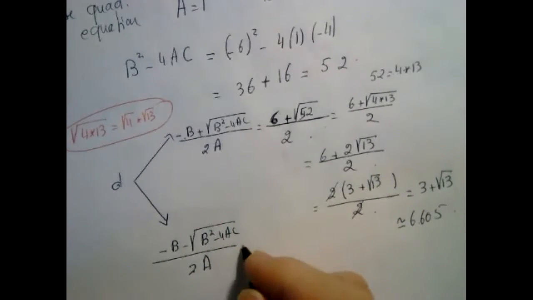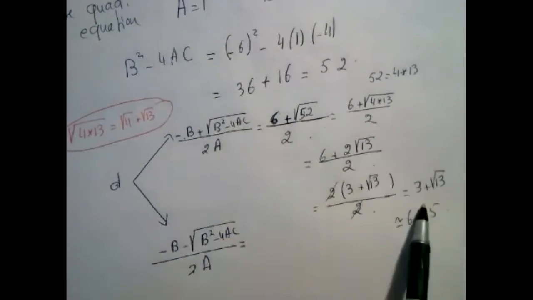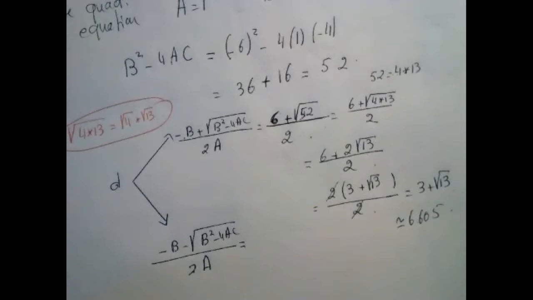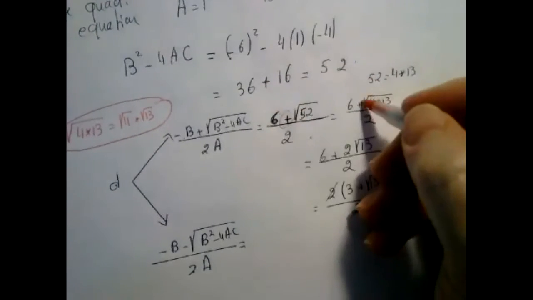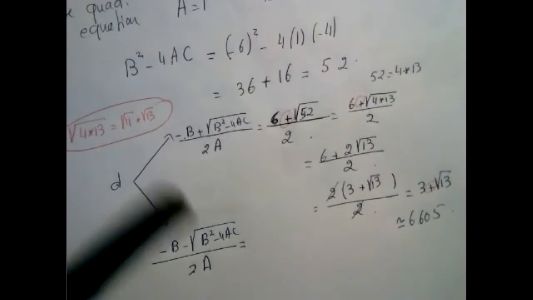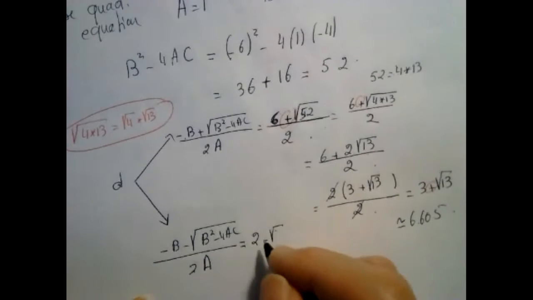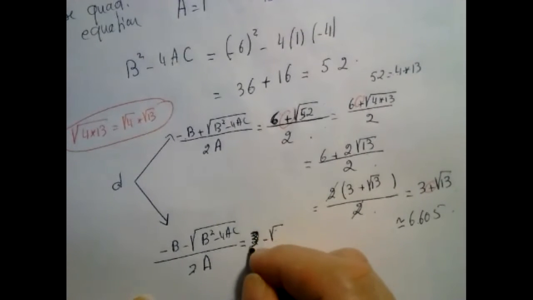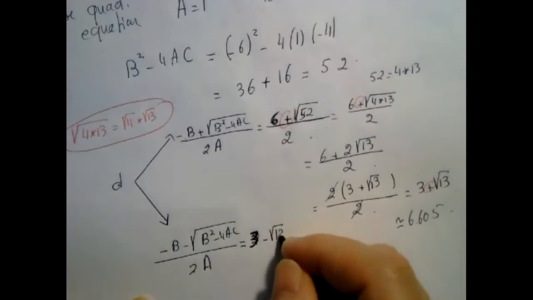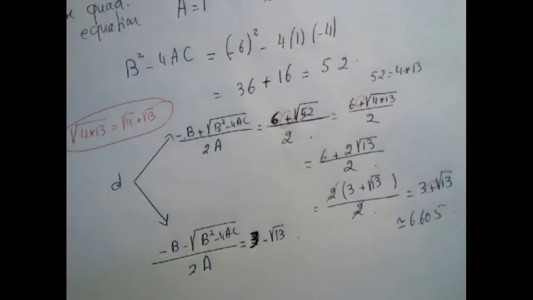We repeat the same thing, but whenever there is a plus here, we put a minus. So this is going to be 3 minus the square root of 13. Okay.